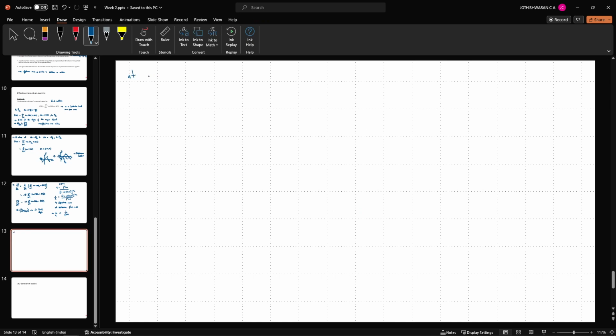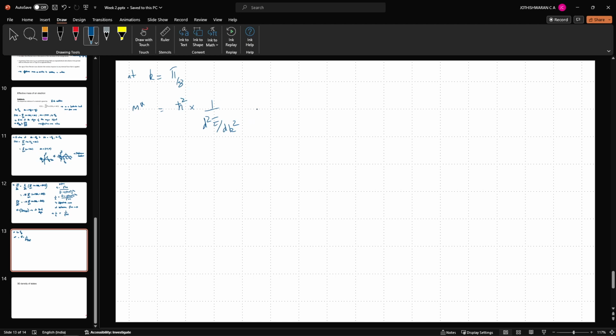So at first, let us look at the maxima point, k equal to pi by 8. I am telling that the effective mass m star is h bar squared into 1 over d squared e upon dk squared. Now you're going to see what's going to happen.